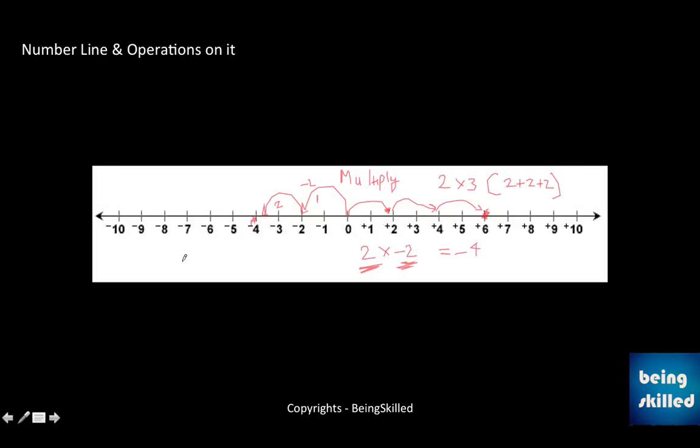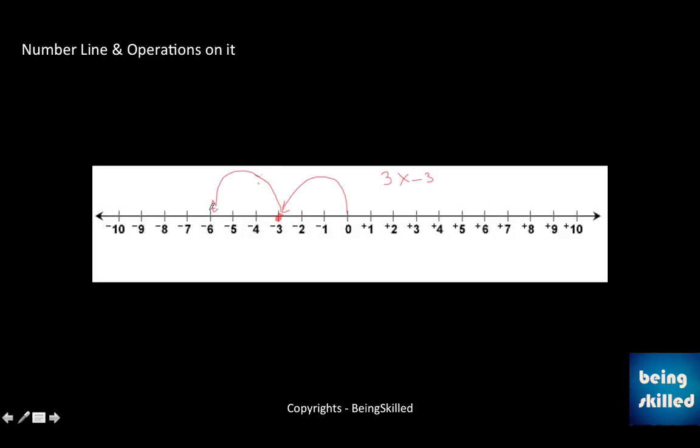Let's see it again. Suppose we are having 3 into minus 3. So how to draw that? So since we are having minus 3 over here, each step has to be of minus 3, and total number of steps will be 3. So 3 times: first hop, second hop will be at minus 6, and third hop will be at minus 9.